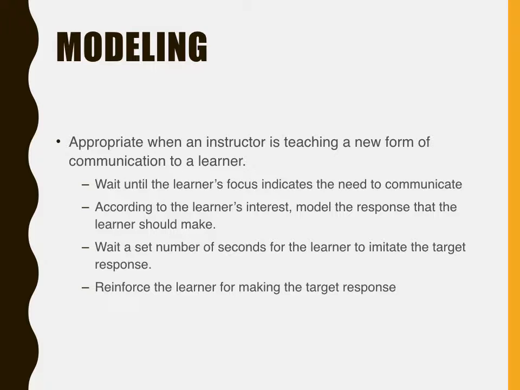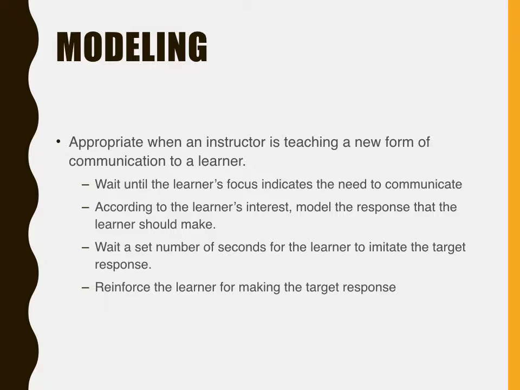Wait until the learner's focus indicates the need to communicate. So for example, the student is looking at a new ball on a high shelf before going outside for recess. Step 2, according to the learner's interest, model the response that the student should make. So you will verbally model the response.